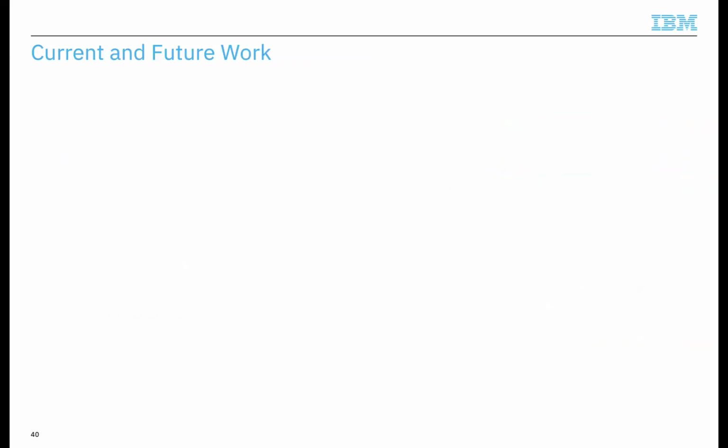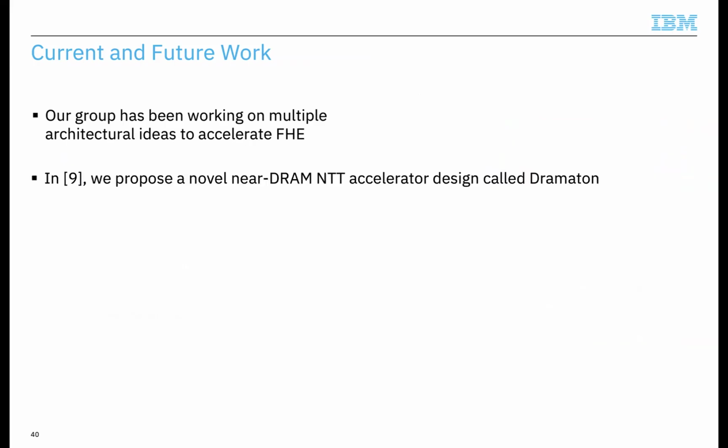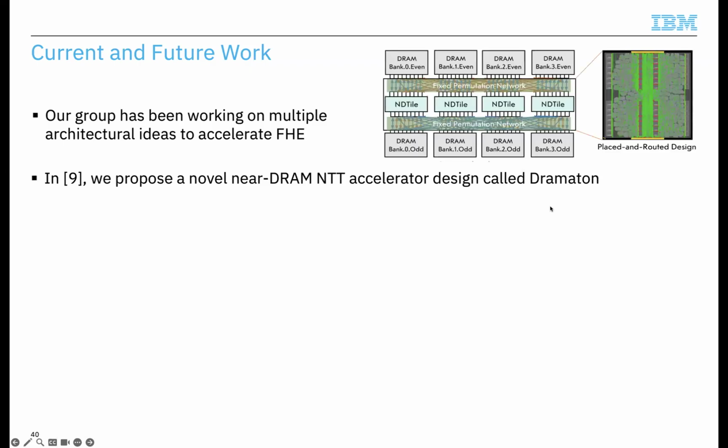Yeah, I have just a kind of teaser slide on what we are working on, because the work I presented is based on a year and a half old work. Since then, we have been working on architectural ideas to accelerate FHE. In reference 9, which is a CAL paper, we proposed a near-DRAM NTT accelerator called Dramaton.